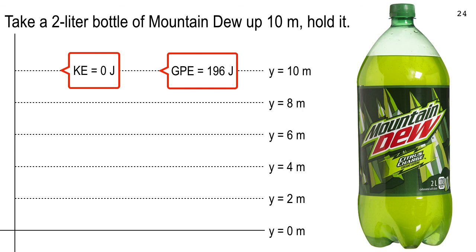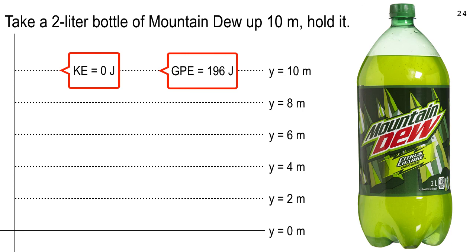G is negative 9.8 in this equation. And then you have 2 kilograms for the mass of the Mountain Dew, and then a minus sign in front of that. So you have 2 minus signs in there, and minus times minus is positive. Using that formula, you have to be really careful with your minus signs.